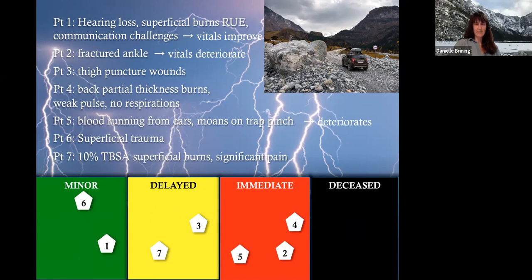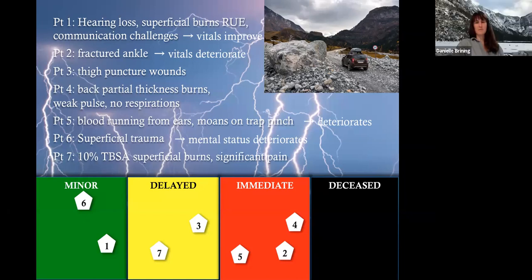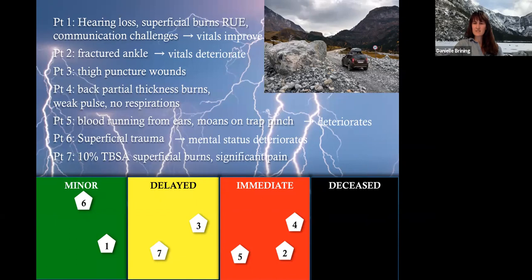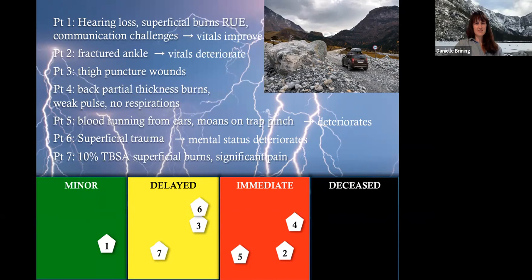And then patient 6, mental status deteriorates. So he's no longer able to follow commands. His vital signs are okay, just not able to follow commands. He'd be immediate. He'd move all the way down because he's not able to follow commands. Perfect. Good job.